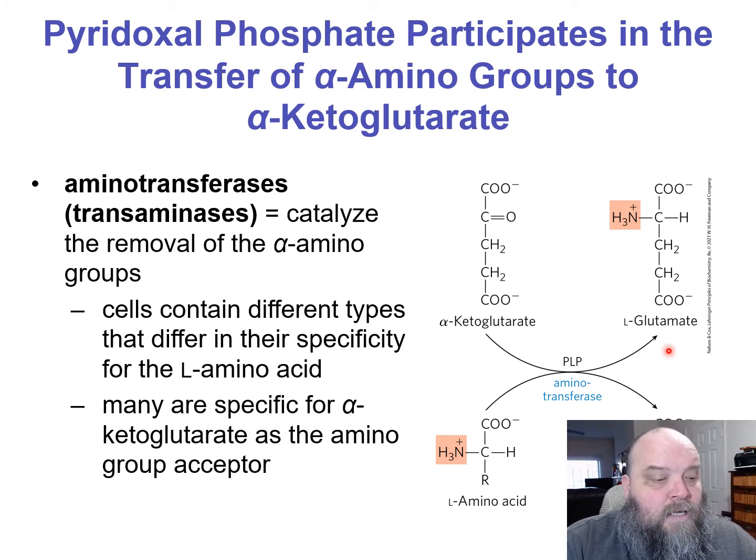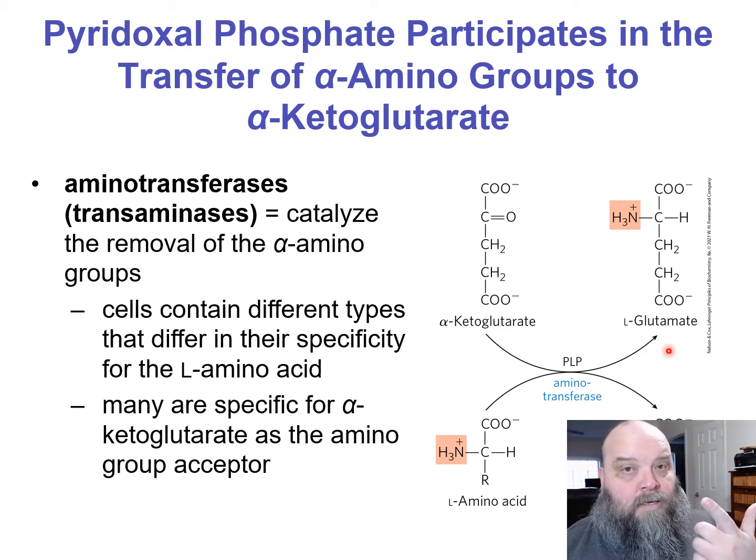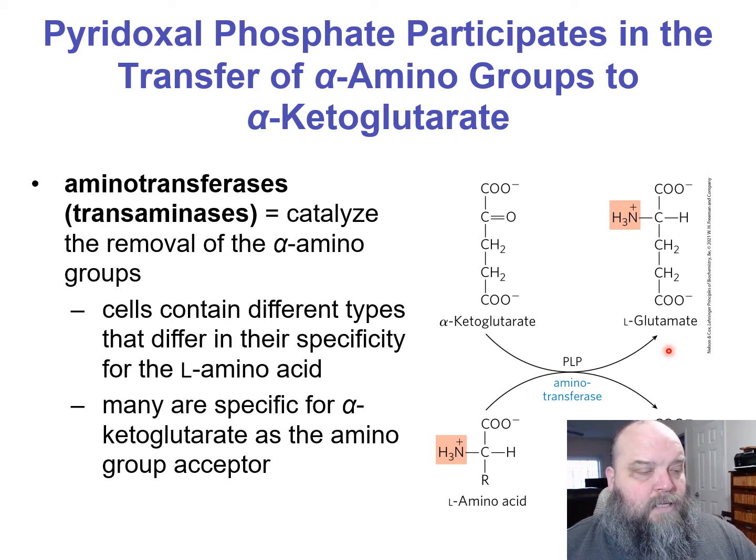Alpha-keto acids can then be further processed into other intermediates of either gluconeogenesis or other citric acid cycle intermediates, or turned back into another amino acid of some sort.